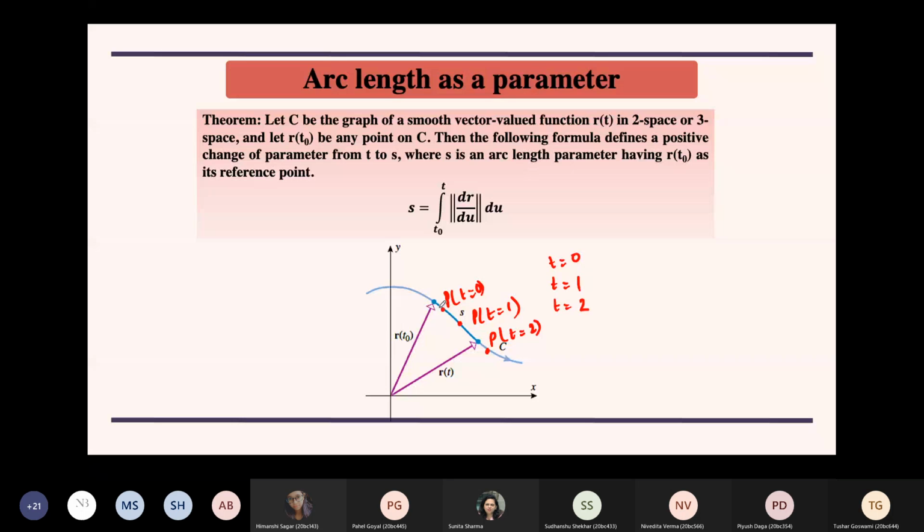So the direction or orientation of any vector valued function is in the direction of increasing values of t. As my t increases, whether my point P is moving like this or the other way, accordingly I will put this arrow. Is this clear?